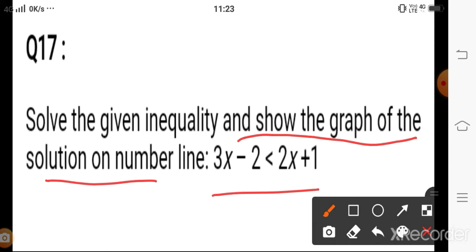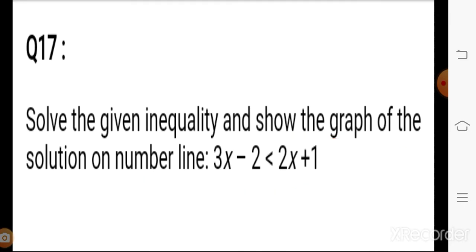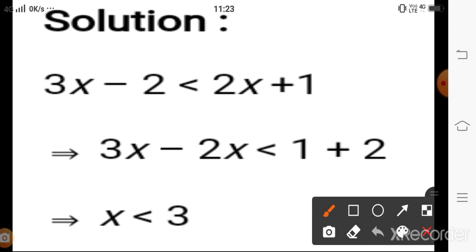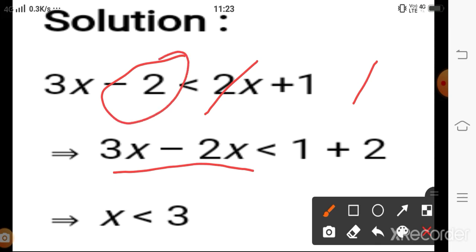Removing 2x, we get 3x minus 2x, and 2x cancels out on the right hand side. To remove minus 2, we add 2 on both sides, so on the right hand side we get 1 plus 2. Then 3x minus 2x gives x, and x is less than 3.